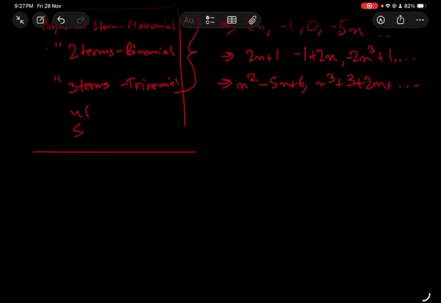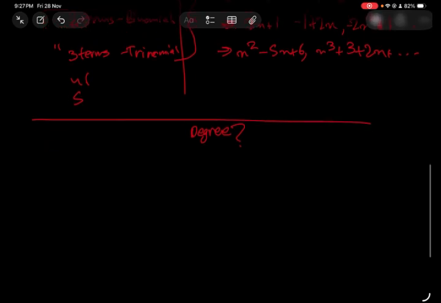Now polynomials based on the degree. So before we talk about that, what is a degree? Well, a degree is the highest power in a polynomial. So in this case, the highest power is 2 of x. We take the highest power of the variable, not the coefficient, not the constant. So in here 2 is the highest power, so the degree is 2.